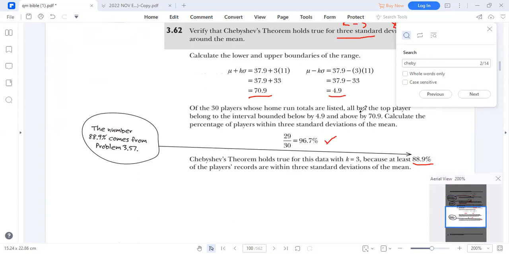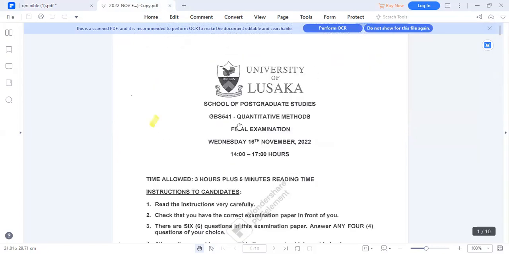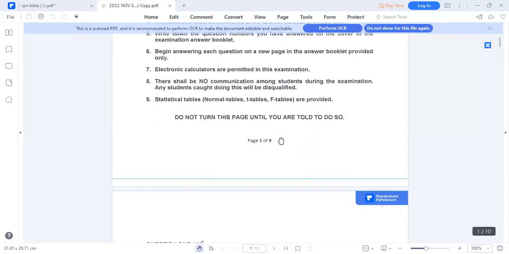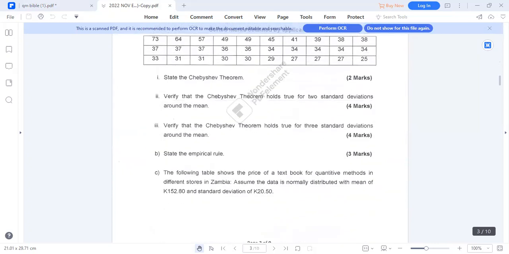All right. So let's look at last year's exam question. This was November 2022. I just want to show you that this is where the questions come from.